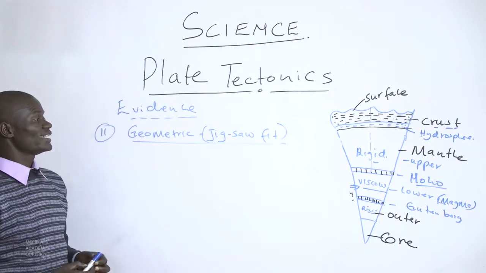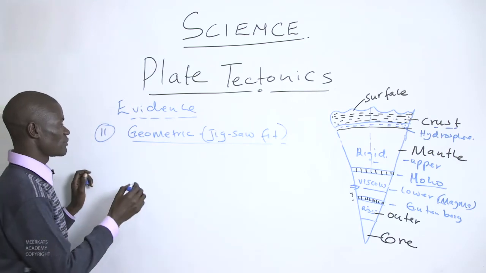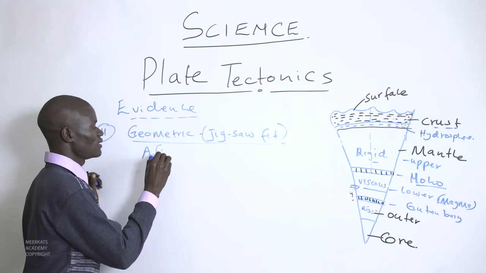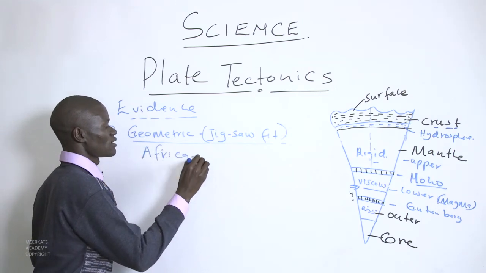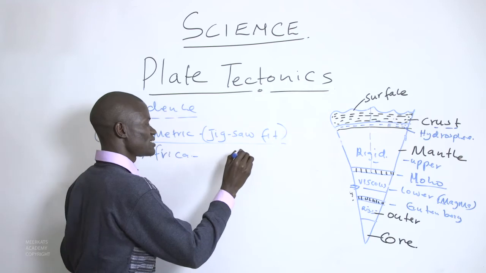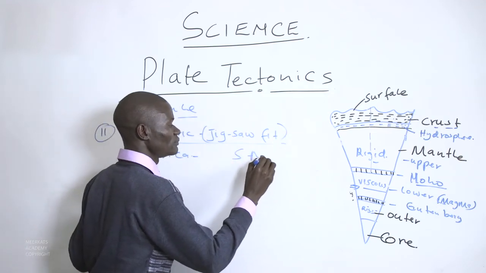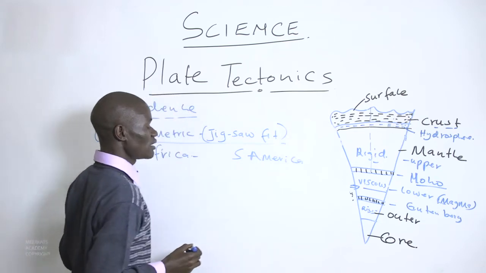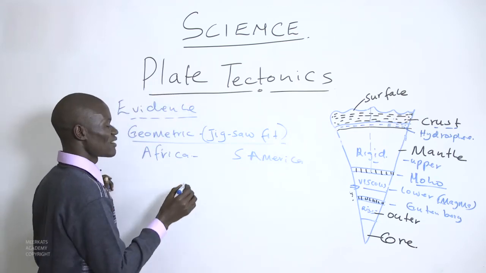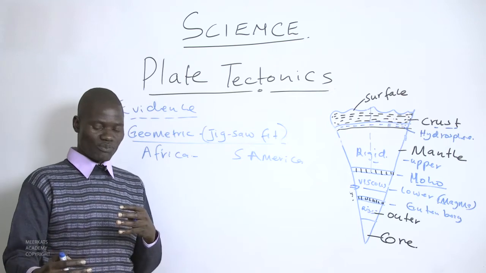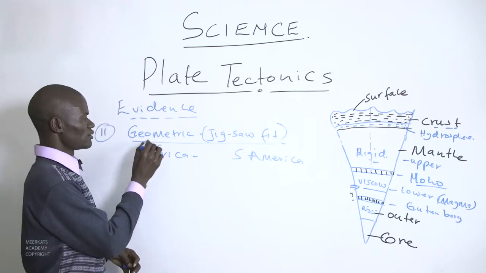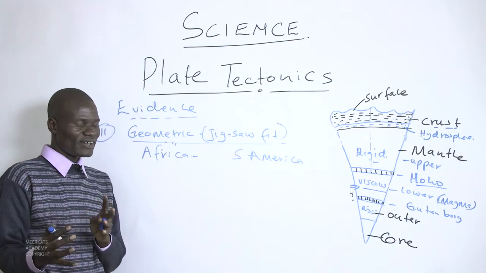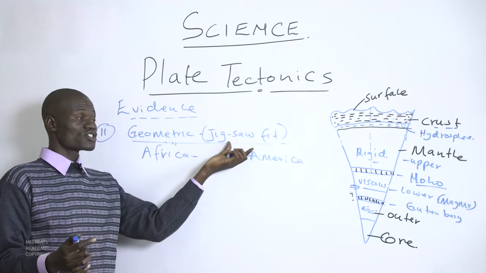Now, when we try to outline the African plate, for example, this explains that the African plate and the South American plate can fit into each other geometrically, and in the process, when they fit into each other, they will not leave any other space, in a jigsaw manner.